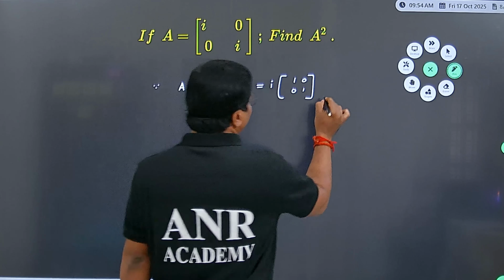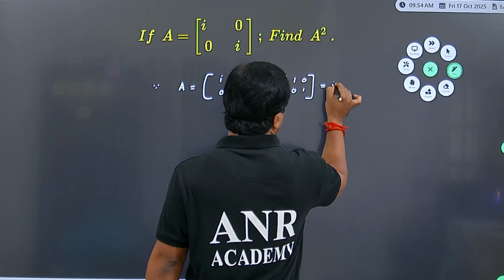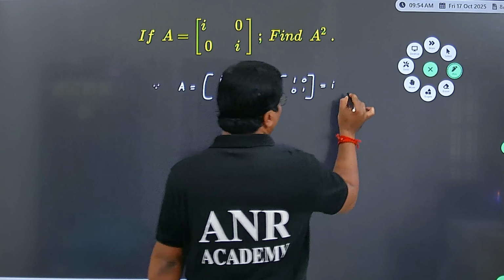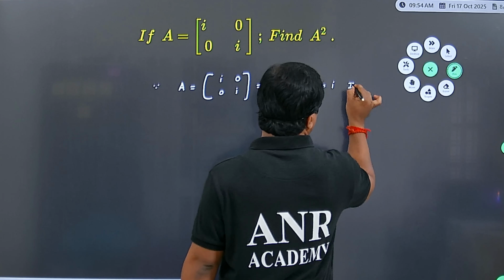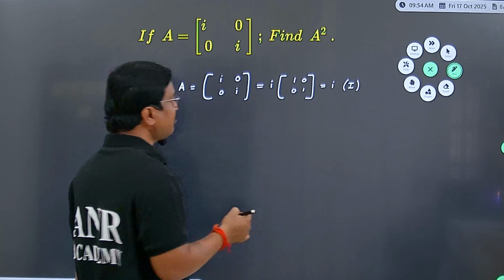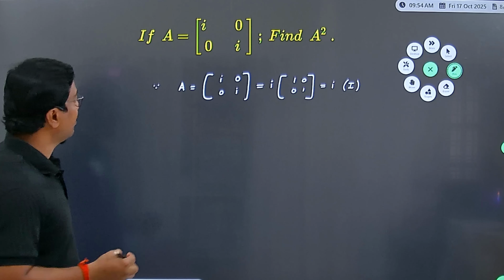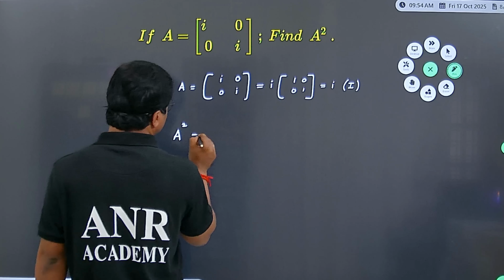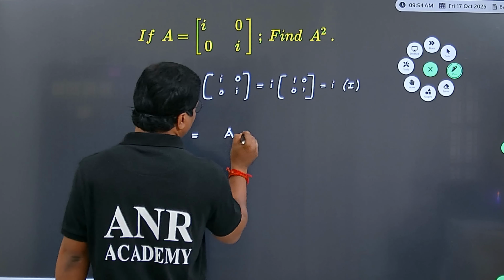Also you can write i multiplied by the identity matrix. Next, here the aim is to find A square. A square is written as A into A.